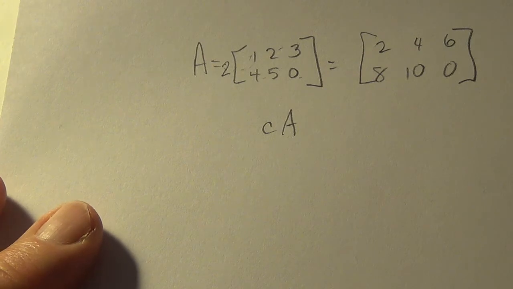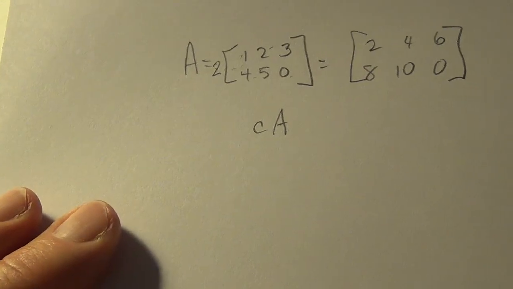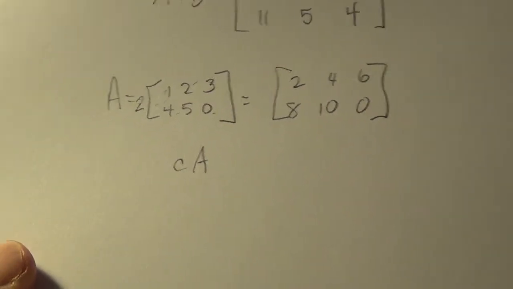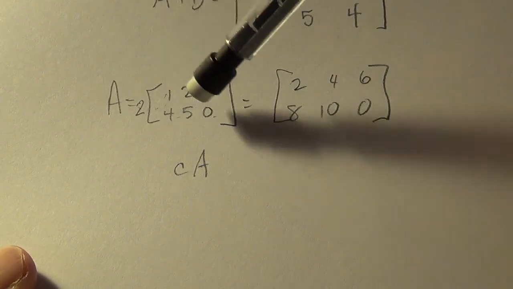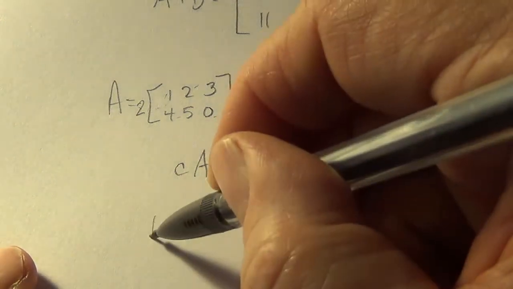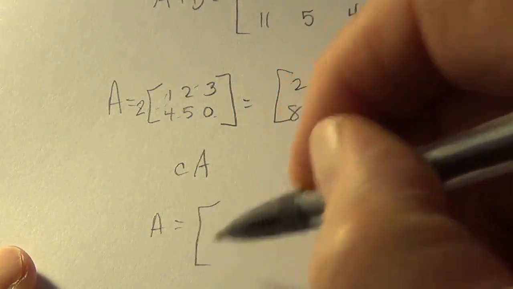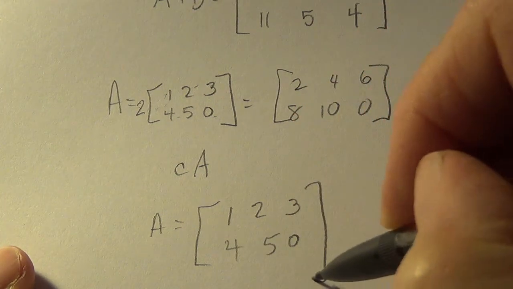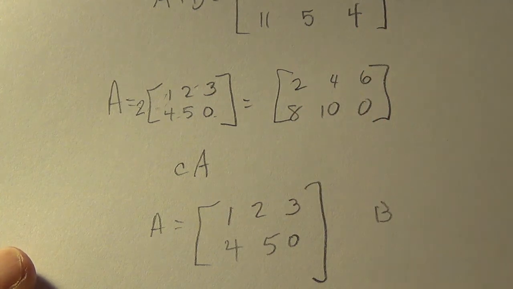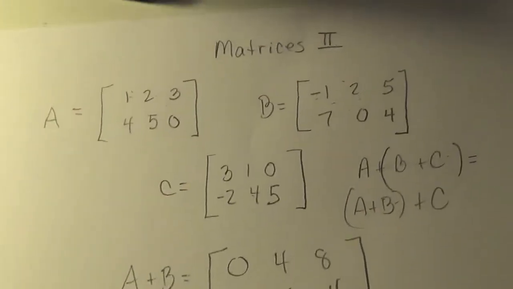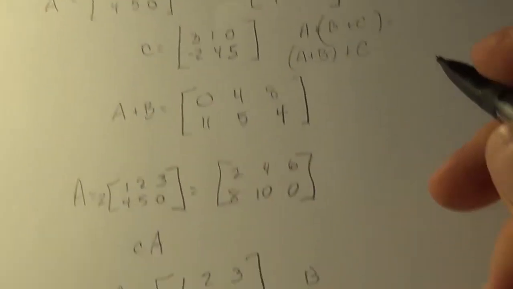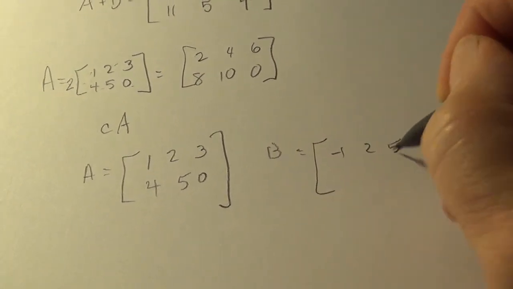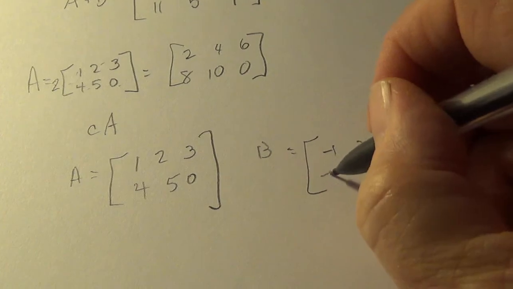So that's a principle, and that leads us to this idea. If you take matrix, let's see, this is matrix A. Let me rewrite that without the little 2. 1, 2, 3, 4, 5, 0, and matrix B, which I called -1, 2, 5, 7, 0, 4.